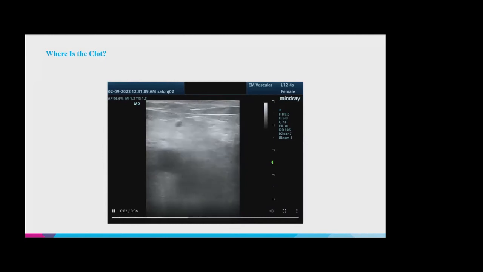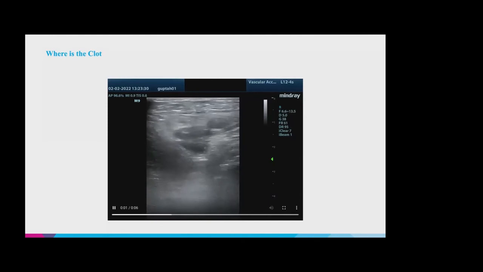Exactly. So the marker is going to be the user's left side, so the patient's right side. And so on the right side, the artery is going to be lateral, or to the left of the vein. Yep. So this is going to be a right common femoral DVT. Perfect. And these are excellent views because it looks like it was Dr. Salonia.